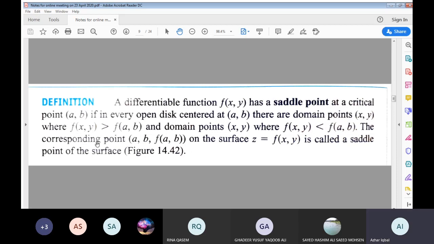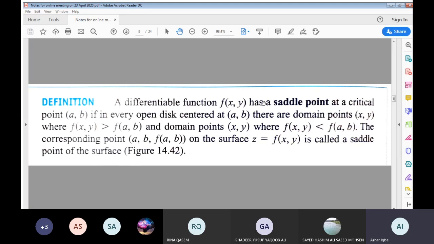The corresponding point which you are looking into has the coordinates a, b, and the z coordinate is defined by the value of the function at a and b. On the surface z equals f of x, y, it is called a saddle point of the surface.